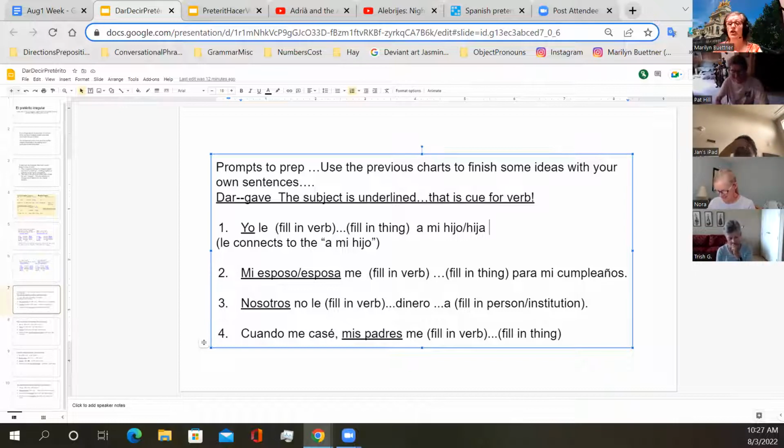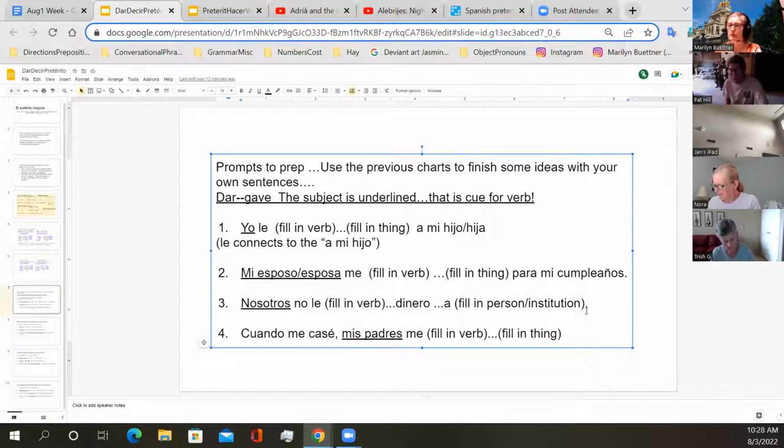No le dimos. And usually in most cases, this nosotros is what people would leave off. But again, I can't assume that when you're seeing these written, right? So really how I would normally say this is to leave the nosotros off, but you needed that prompt so that you know how to conjugate it. No le dimos dinero a nuestro primo. Okay, vale. Ustedes, you guys.